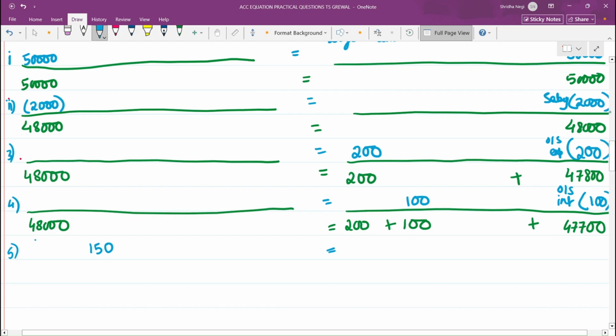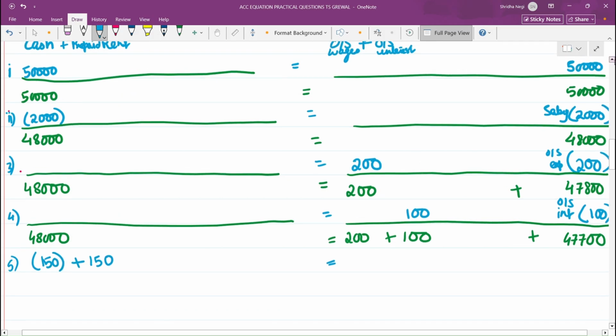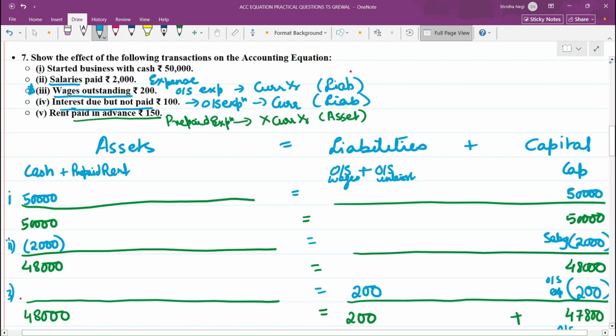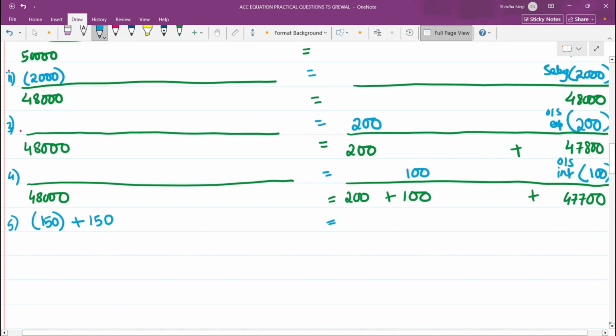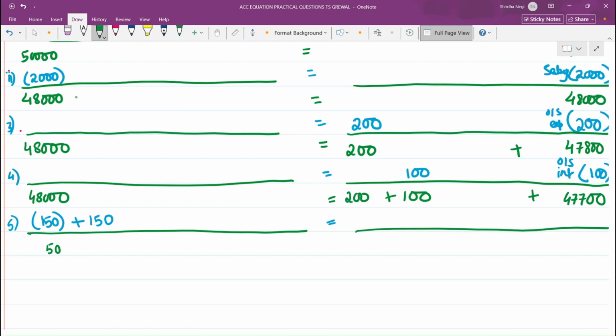The cash is decreasing by 150, because आप पे कर रहे हो ना, rent is being paid. Next year का आप पहले ही पे कर रहे हो, तो cash तो कम हो रहा है 150 से. And this side, liability and capital side, will not be affected. So only cash is decreasing and your prepaid rent, which is an asset, is increasing. ठीक है, so let's see. अभी ये minus करेंगे तो how much will come?